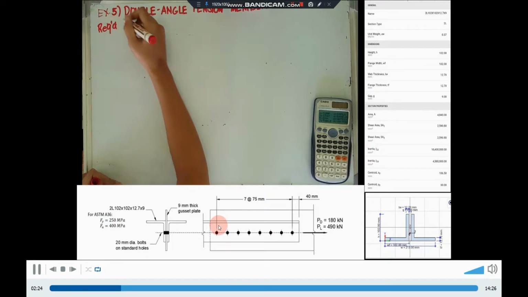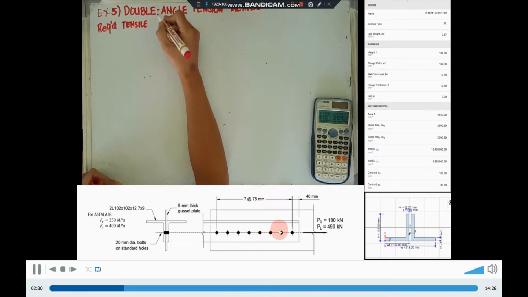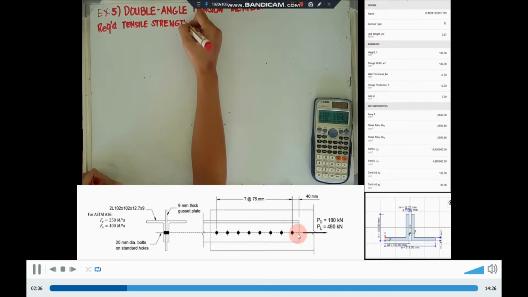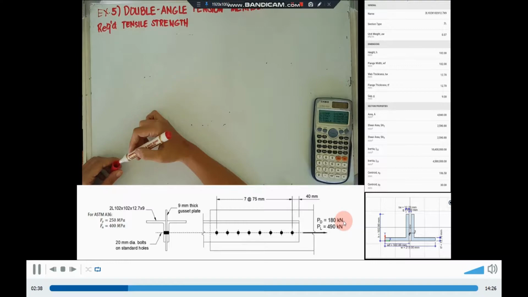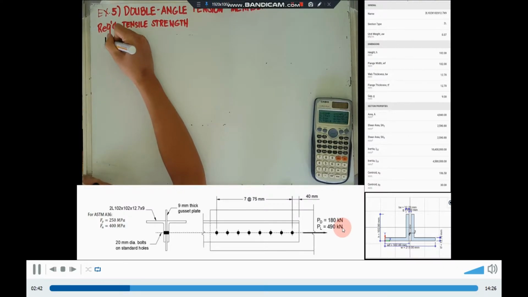And we have 8 bolts with 7 at 75mm spacing, and our dead load is 180 kN and live load is 530 kN.